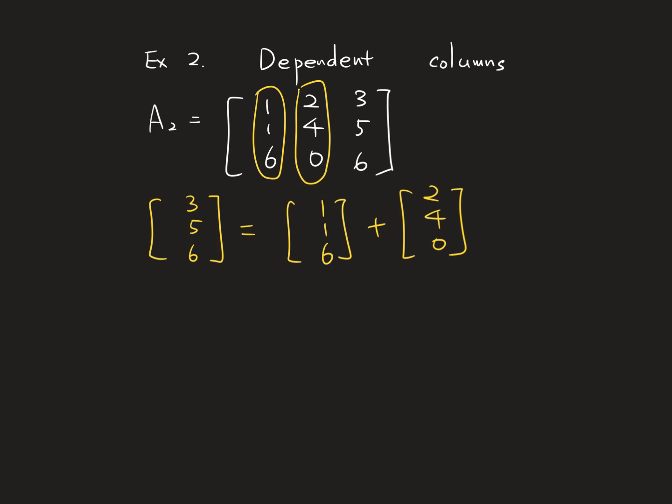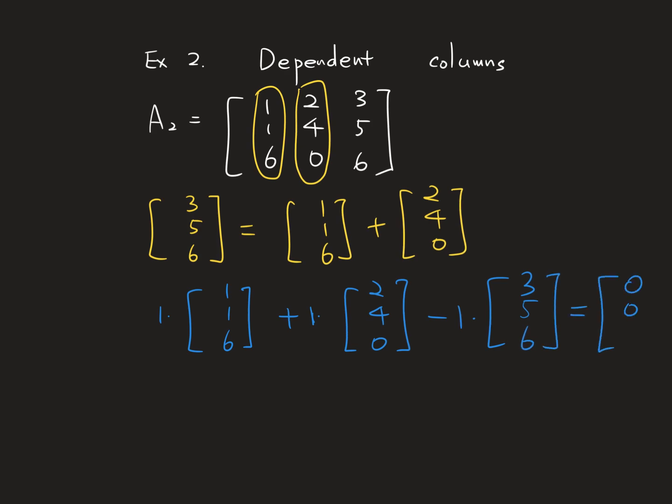Using the definition, we can show it this way: 1 times (1, 1, 6) plus 1 times (2, 4, 0) minus 1 times (3, 5, 6) is what? This is a 0 vector.